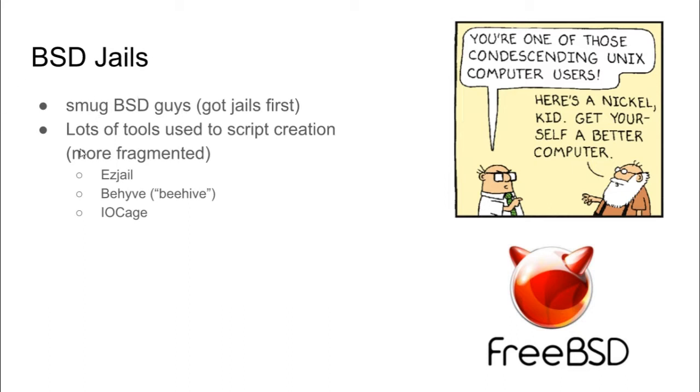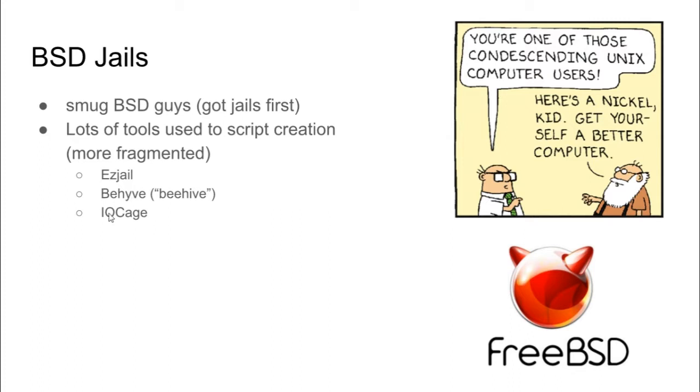The one thing about the BSD ecosystem is it seems like it's a lot more fragmented. For example, whereas on Linux it seems completely centered around Docker, on BSD there are tons of different tools people will be using. One is called EzJail, one is bhyve, which is pronounced "beehive" but spelled differently, and another is iocage.